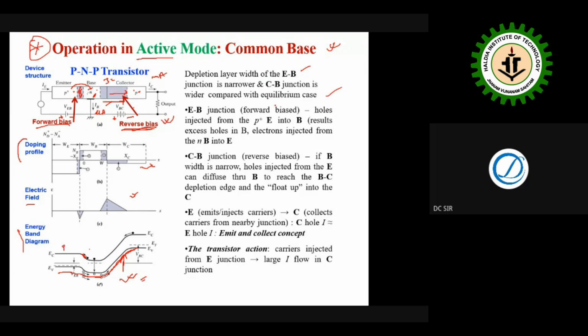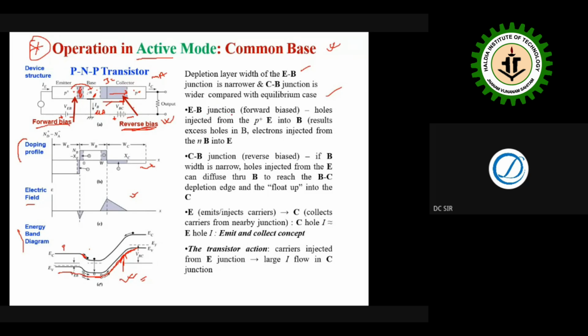Previously we discussed the operation in case of equilibrium. So here is the non-equilibrium, which is called active mode, where we apply the forward bias in the emitter base junction and reverse bias in the collector base junction.